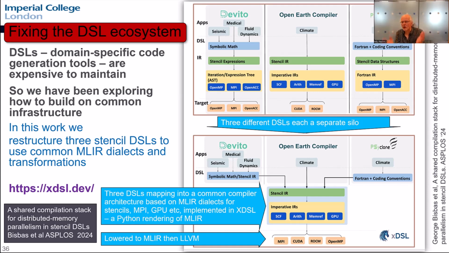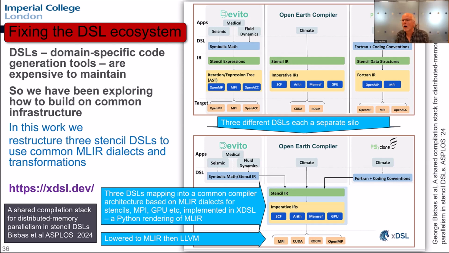What is frustrating about this is I showed you a slide earlier on that said DSLs tick performance, portability, productivity. Each DSL seems to involve a complete vertical stack of specialized code for a particular DSL. And we kind of found ourselves reflecting and writing a grant proposal around the question of, if you want to run with this, we need to make it scale.